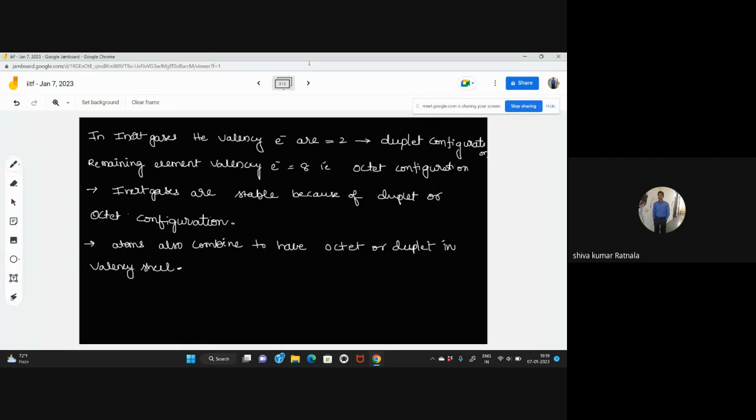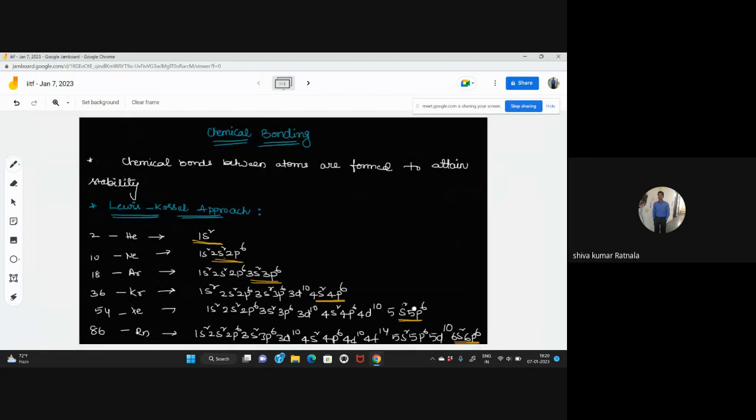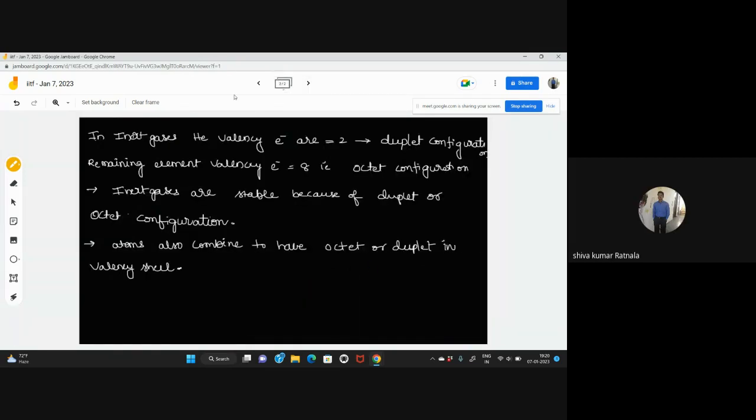Now, everywhere I take, 2s2 2p6, 5s2 5p6, this only we are calling the inert shell, right? In the valency shell we have 8 electrons. Valency means the last shell, right? So in the valency shell, as they have either 8 electrons or duplet electrons, the atoms are not reacting with any compound.